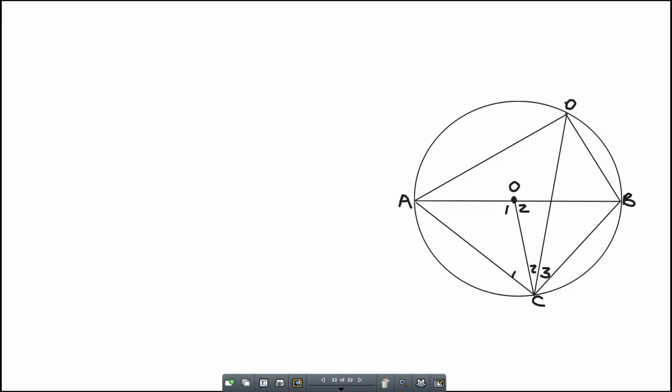Dis nie noodwendig altyd 'n dead giveaway nie. But most of the time, you will see that over here they numbered a few angles, no? Then it's highly likely that we're probably going to have to use those angles. Okay, so dis ook baie keer vir jou 'n bietjie van 'n clue as jy nou regtig stuk is. But as I said, there's many ways to get to the same answer. So dis nie te sê as jy nie daai hoekies gebruik het dat jy dit verkeerd doen nie. Jy gebruik net 'n alternatiewe metode.